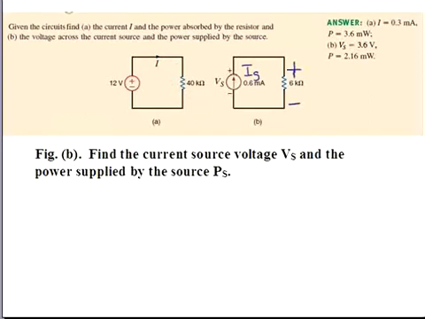For the part B circuit, we have a current source and again a voltage developed across the resistor V sub R, and we are asked to find the voltage across the current source V sub S and the power supplied by this current source.